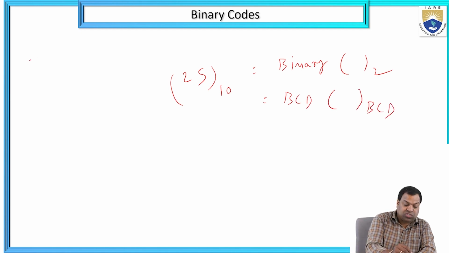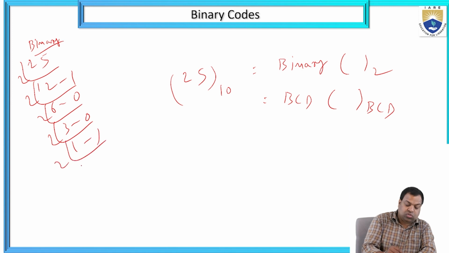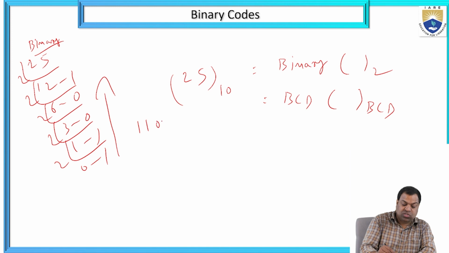So what is the process? First I convert 25 to binary. 2 twelves are 24, remainder 1; 2 sixes are 12, remainder 0; 2 threes, remainder 0; 2 ones, remainder 1; and finally 1. So what is the value now? 11001 base 2.